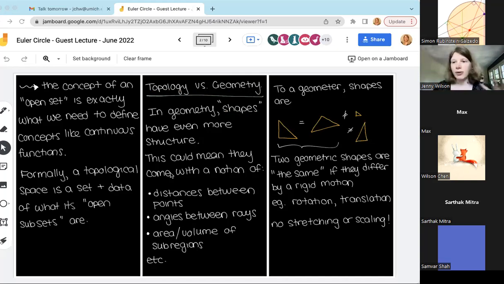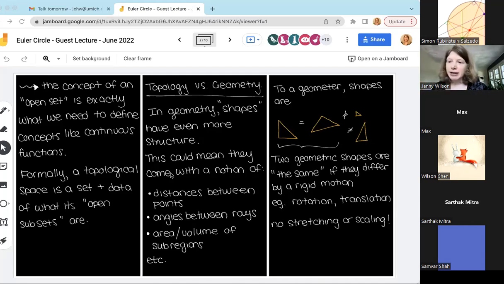Okay, so as we know in mathematics, we need to be very precise about exactly what structure on our objects we're studying. In topology, we're just studying these kind of squishy shapes. In geometry, shapes are much more rigid objects.